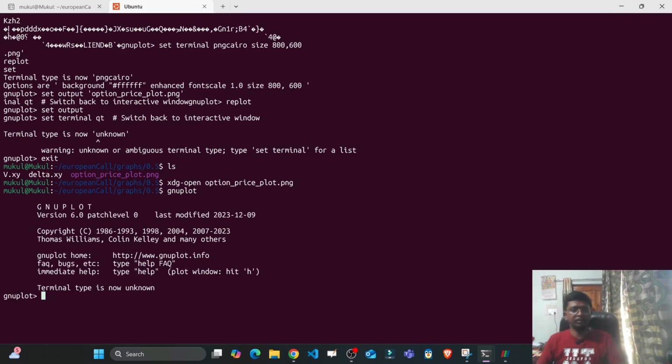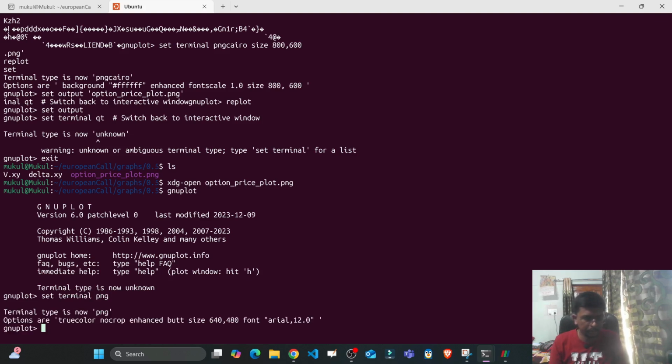We can plot it with the help of Python also, but you have to write Python code, and then it will read the values and then plot. Python code may run or may not run, errors can come. So with GNU plot you can directly plot. So first we will set the terminal to PNG. Then we will type for set.